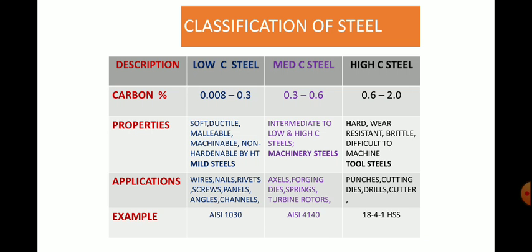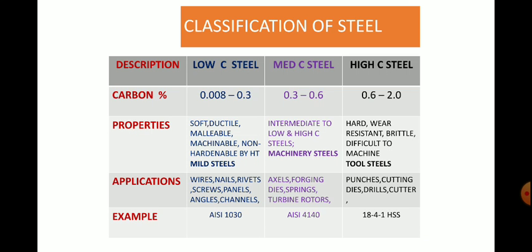Following are the details of carbon steel classification. Low carbon steel has 0.008 to 0.3% carbon. What are its properties? Compared to the other two types, it is very soft, ductile and malleable, and it is named mild steel.